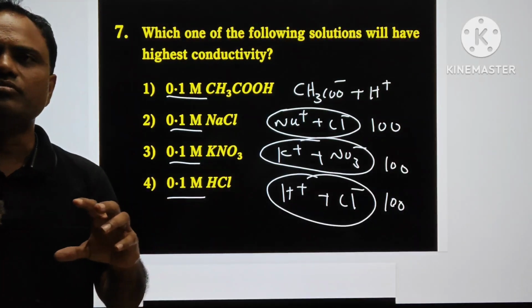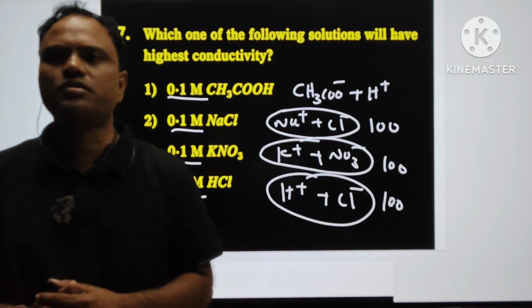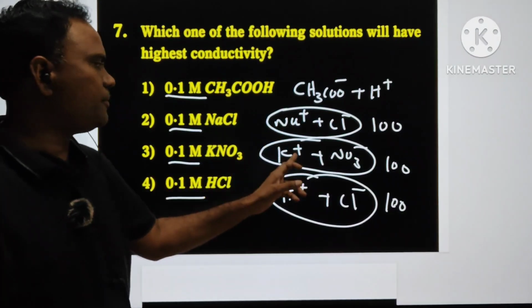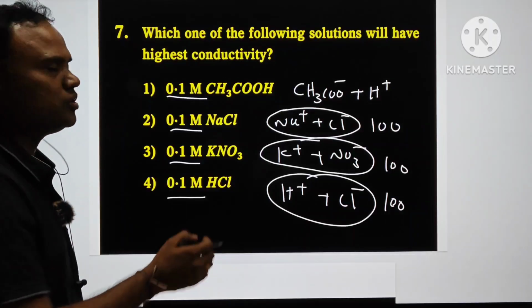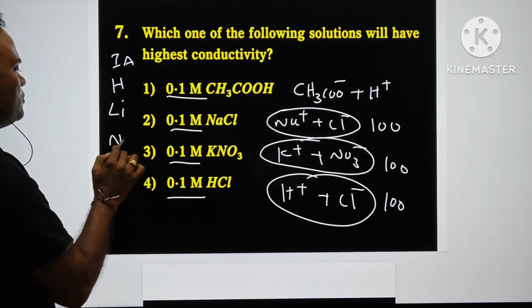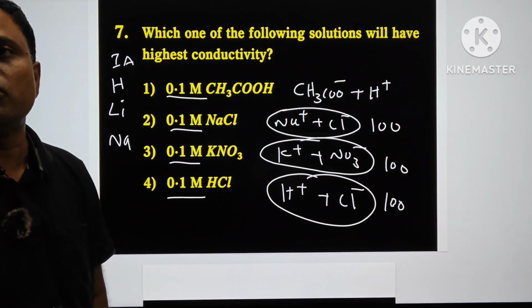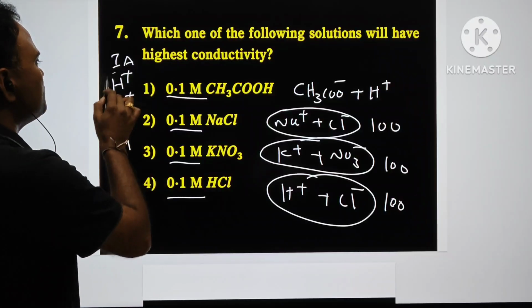See, if the ion is small, its mobility is more. Sodium ion, potassium ion, and H plus, which has the smallest size. First group elements, 1A group: hydrogen, lithium and sodium, which have smaller size.